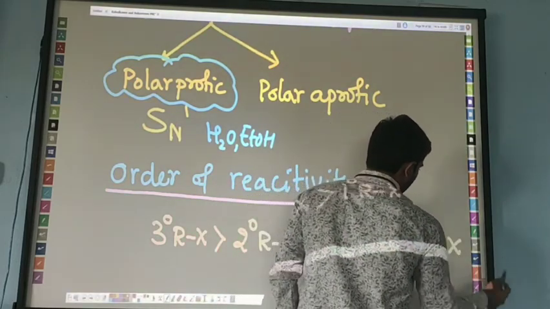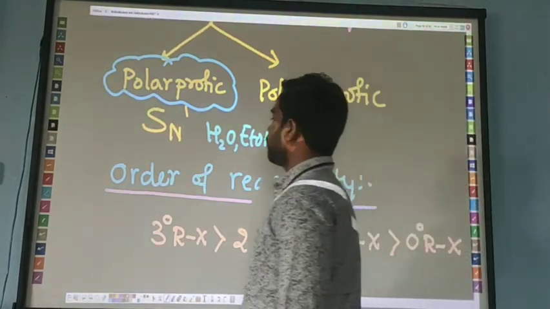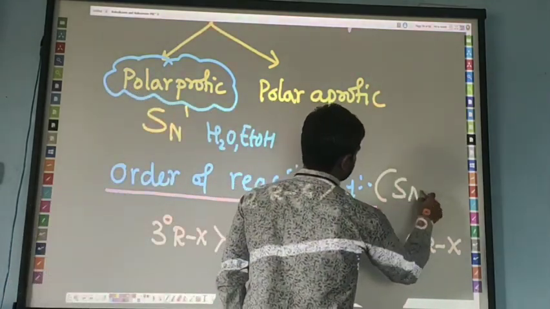This is the order of reactivity of the SN1 mechanism.